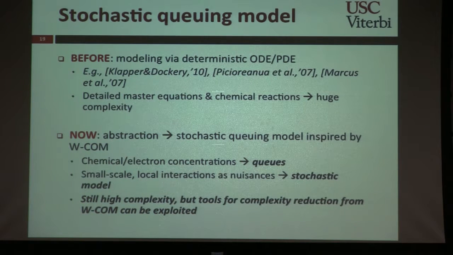So what we want to do is take advantage of stochastic queuing models, which we're used to using in wireless communications. And this is the translation that we're going to do. One of the things that we are worried about is measuring and analyzing what's happening to both chemical and electron concentrations. So I want you to think of molecules or electrons as quanta, like packets, all right? They're going to be fed into queues.